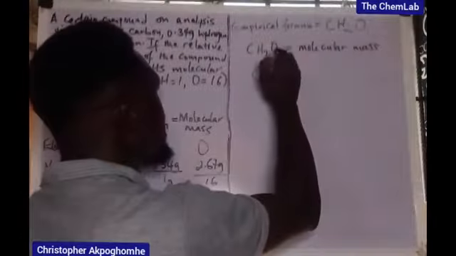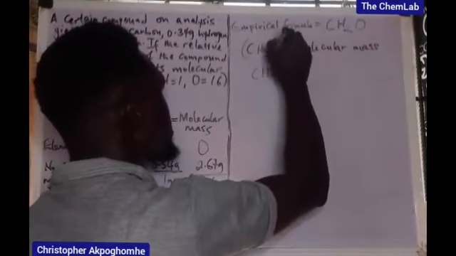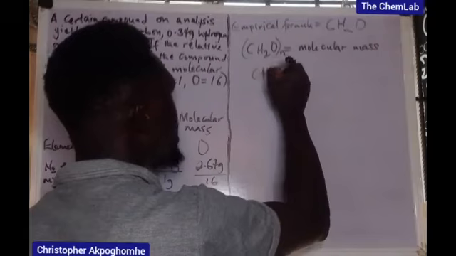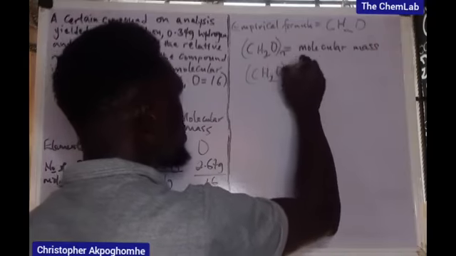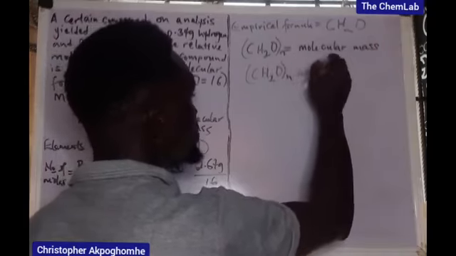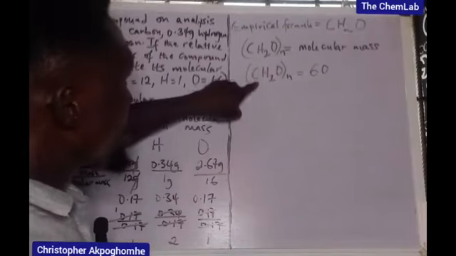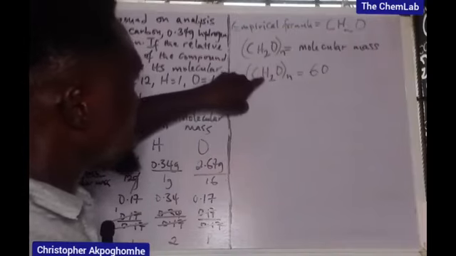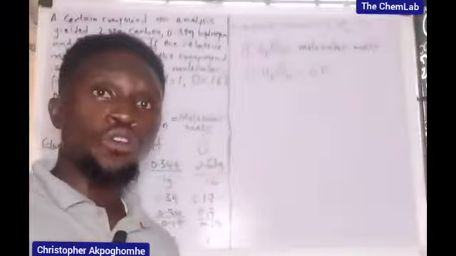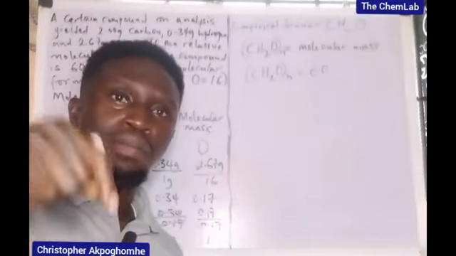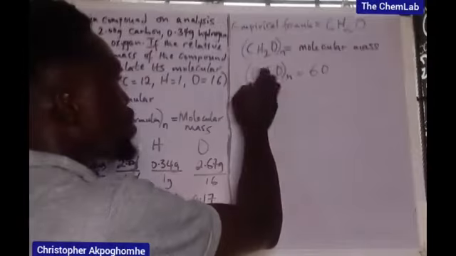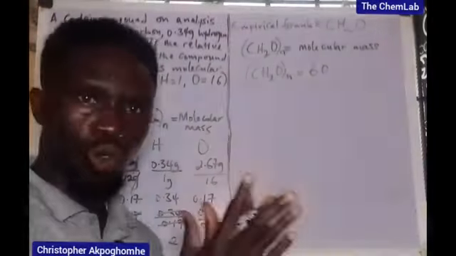So we have this in brackets, subscript n, CH2O, close bracket subscript n equal to 60. Now, for each of these atoms that we have here, we will look for their relative atomic mass and add it together.